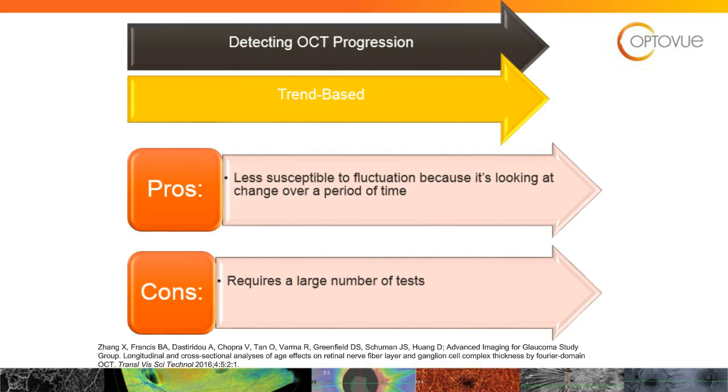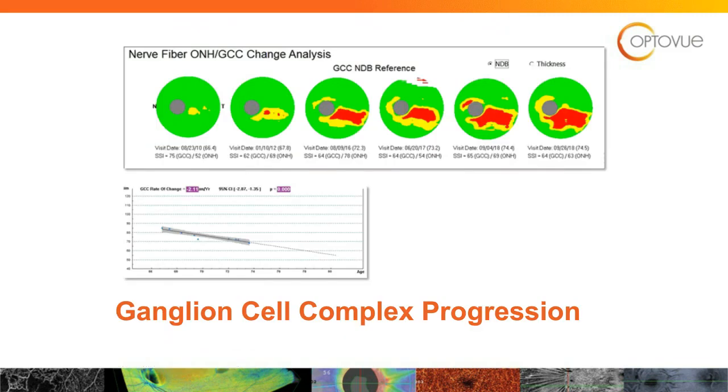So, ganglion cell complex progression, using the event-based and trend-based together. If we look at the pictures on the top, the ganglion cell complex circle scan, this is an example of a patient with progressive glaucoma. We can see that our pattern is changing.